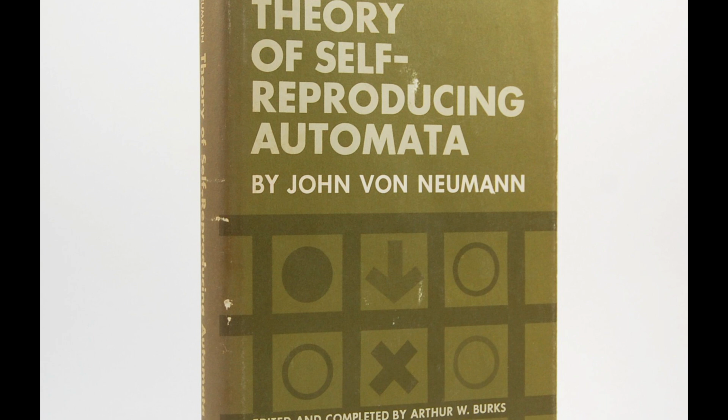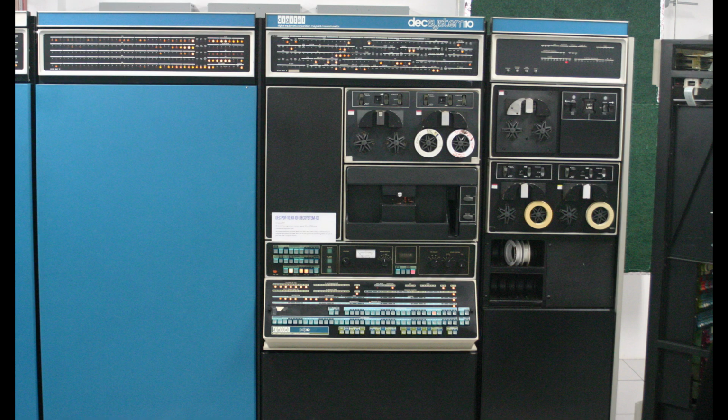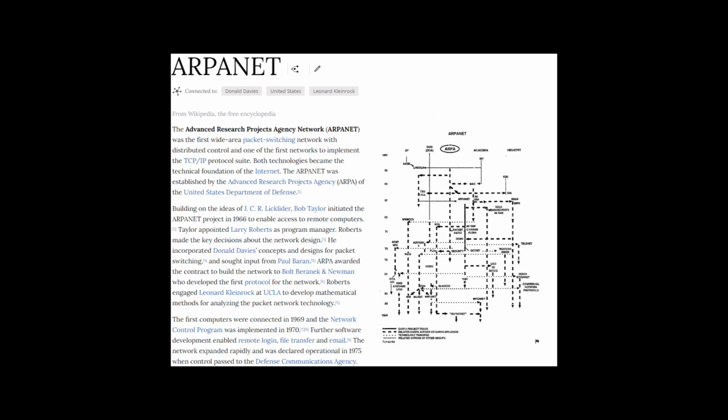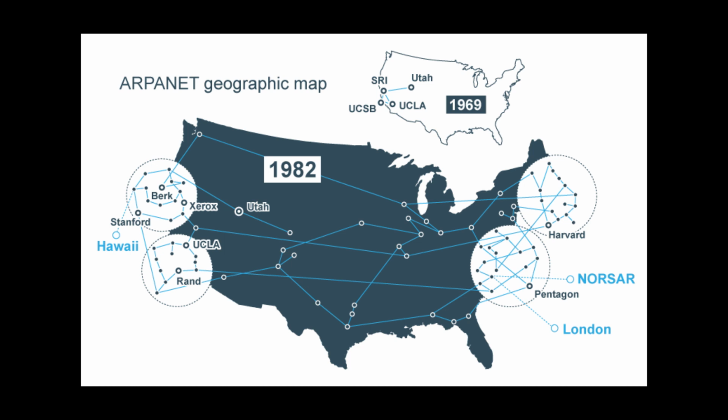The Creeper infected PDP-10 computers running the TENEX operating system using ARPANET, which was one of the first TCP/IP networks in the world, long before the internet, to facilitate its spread.